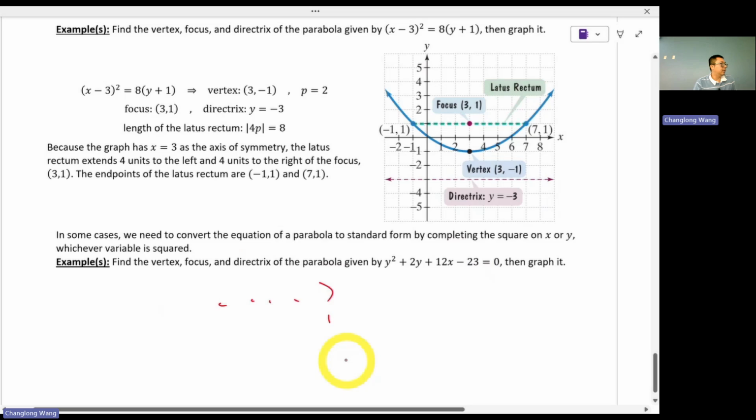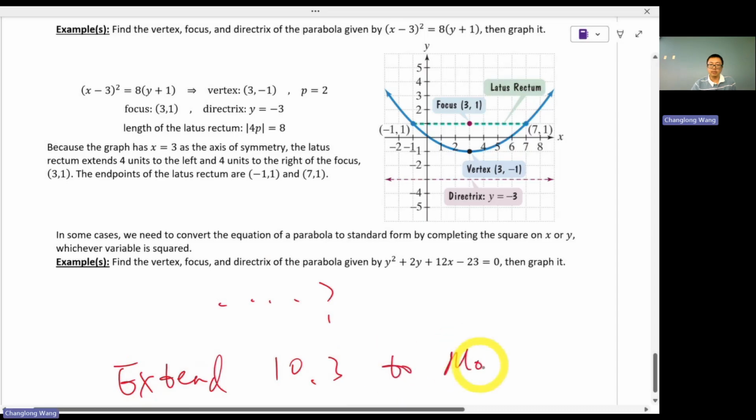I might just extend the 10.3 to Monday night, because I think that I pretty much finished the parabola. I just want to do some final touch to make sure that everyone's okay with the completing the square process, so we will extend 10.3 to Monday.